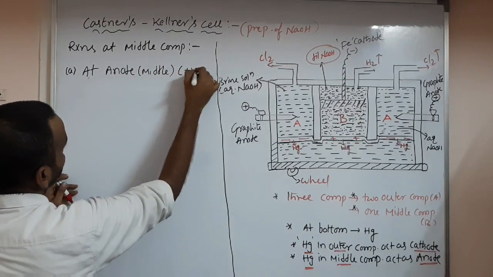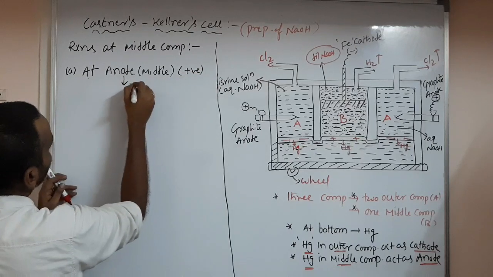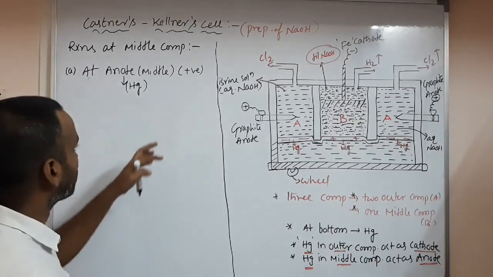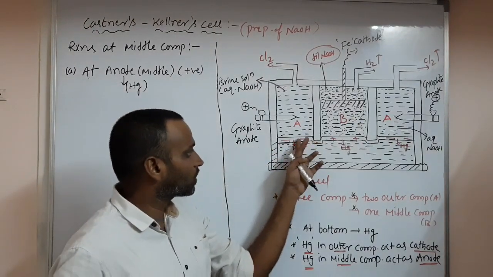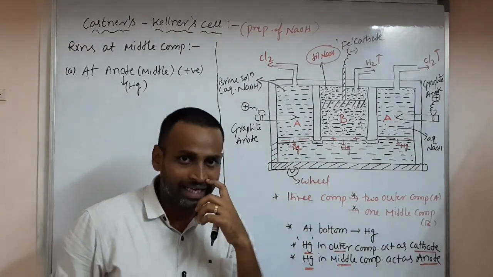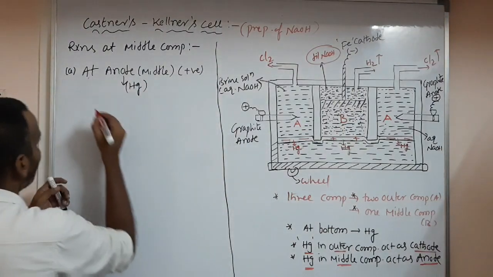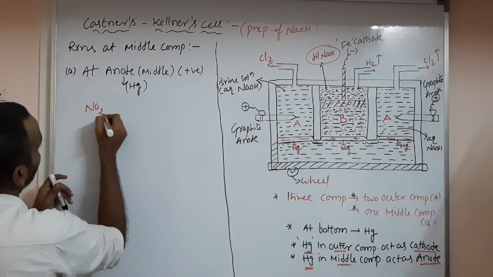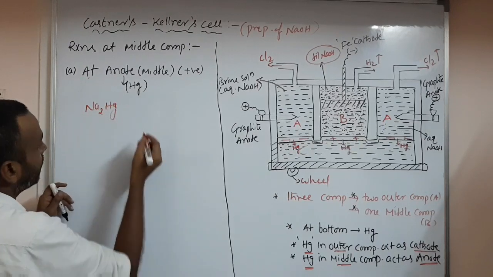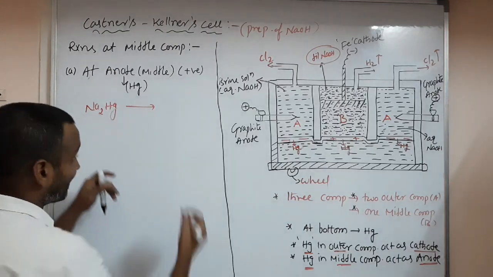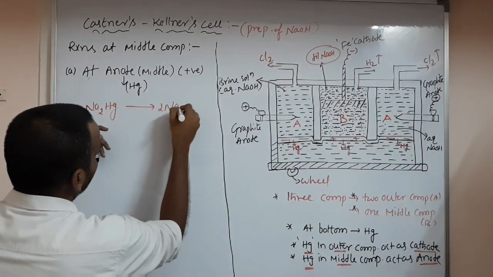Okay, anode means positive. So in middle compartment, who is anode? Mercury acts as anode. But from outer compartment to middle compartment, Na2Hg is transferred, right? So that Na2Hg will undergo oxidation and convert to 2Na plus.